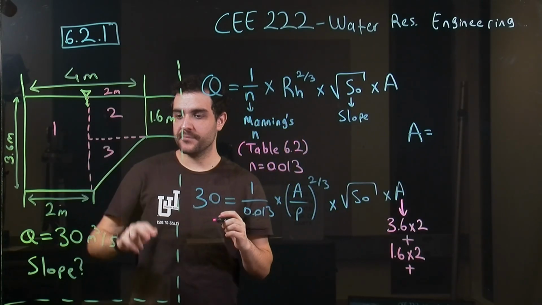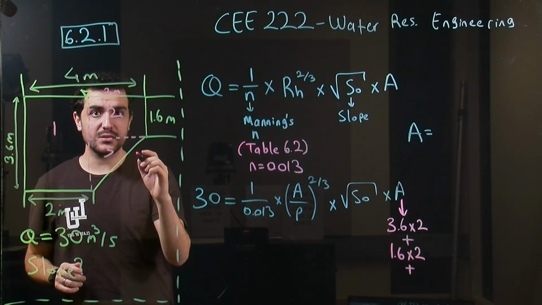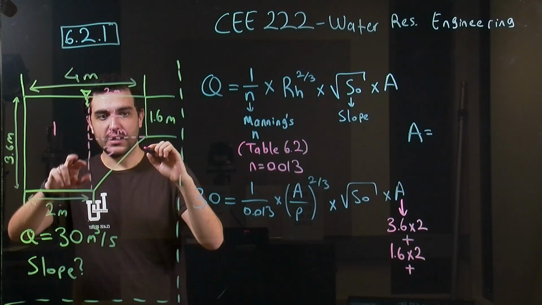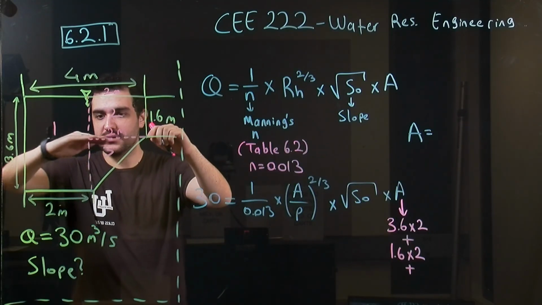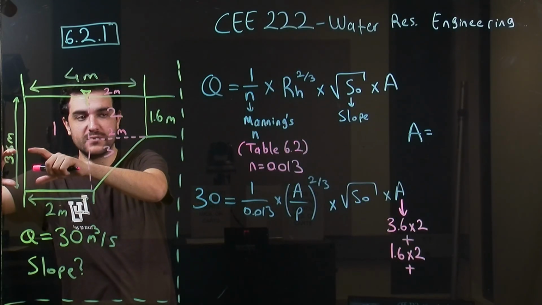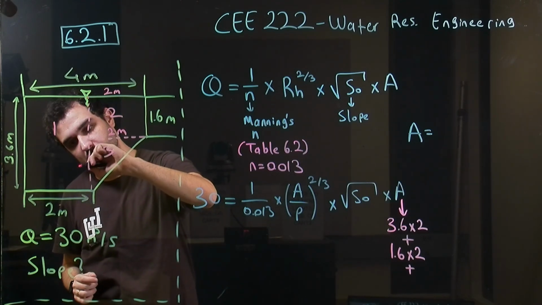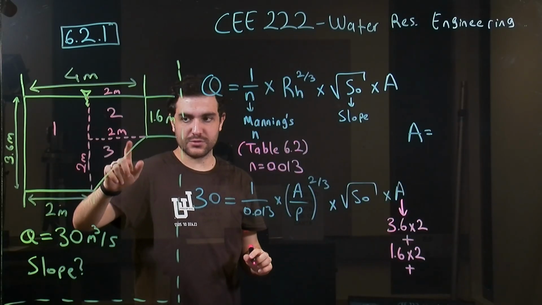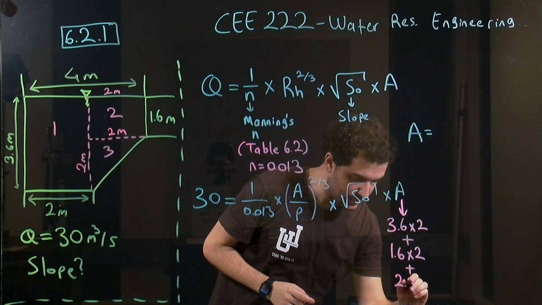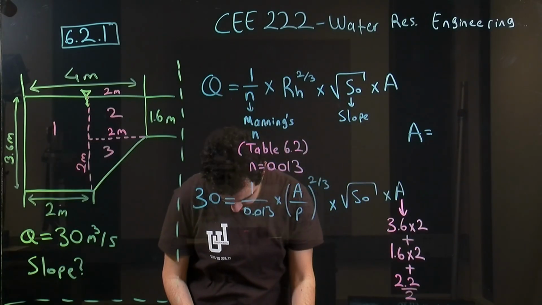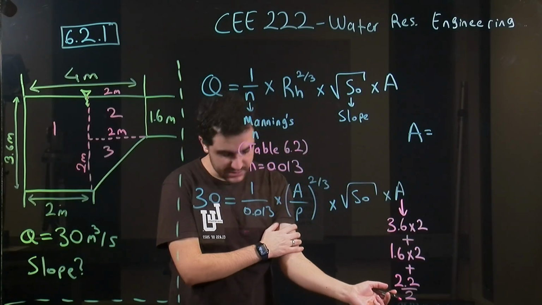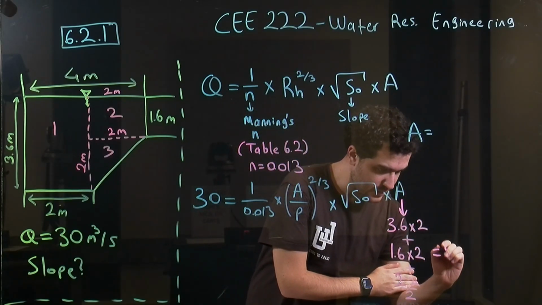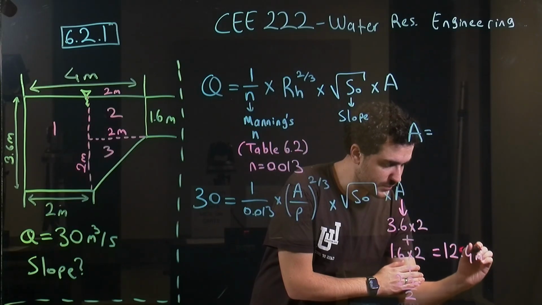And for the third one, again, we will have 2 meters here, and since we have 1.6 meters, the remaining will be 2 meters again. So the area will be 2 times 2 over 2. And from here we can get 12.4 square meters.